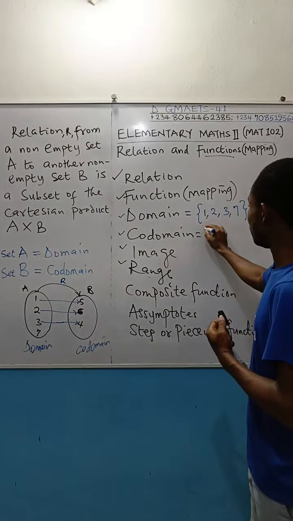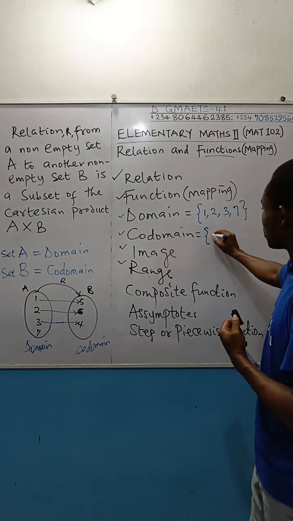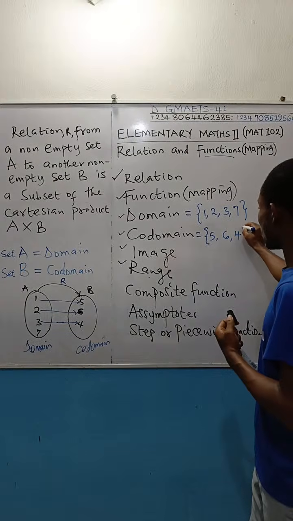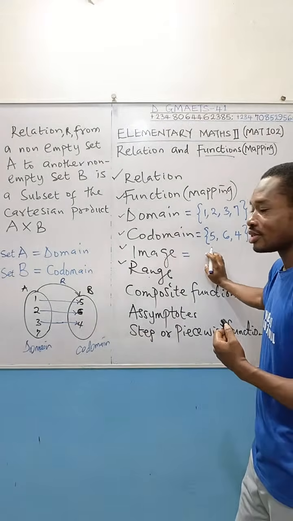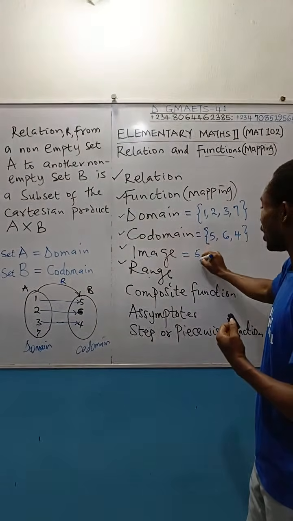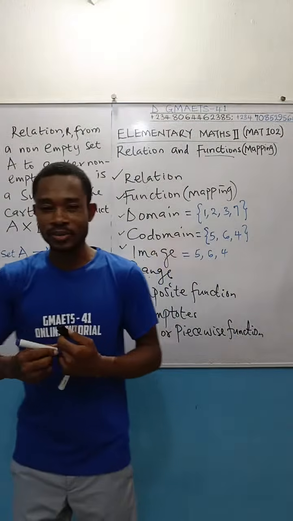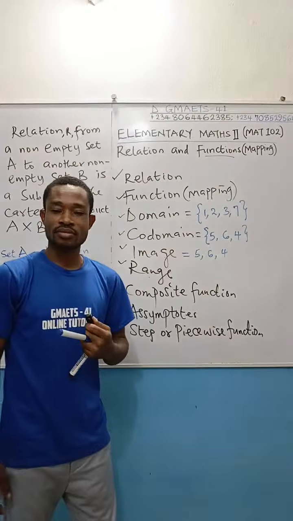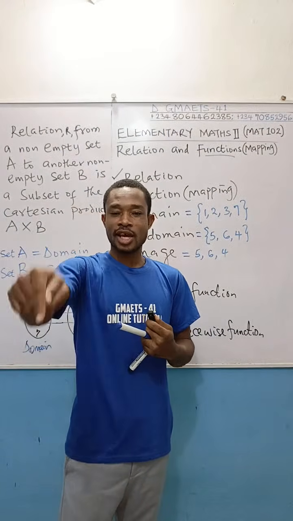Let's look at the codomain. The codomain here, we've got 5, 6, and 4. Now look at the image. The image includes 5, 6, and 4. Do you notice a difference now? For the image, I did not form a set for it, because normally when you are dealing with image, it's not a set.